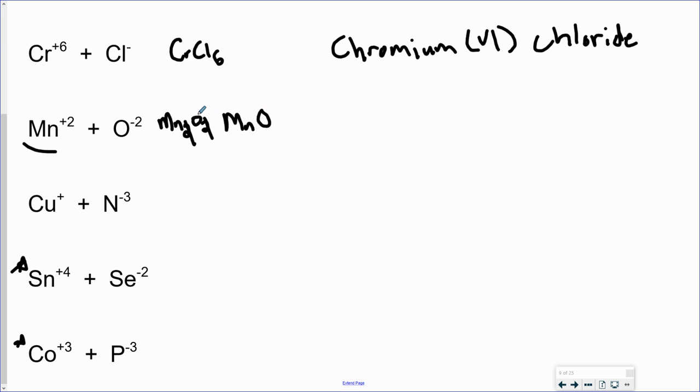So this one is tough, kind of trying to figure out how to get what the charge of Mn is. However, if you realize that you have 1 and 1 of them, that whatever the charge of oxygen is, you're going to have the opposite for manganese. So oxygen is a -2, meaning you should have a +2 on manganese.